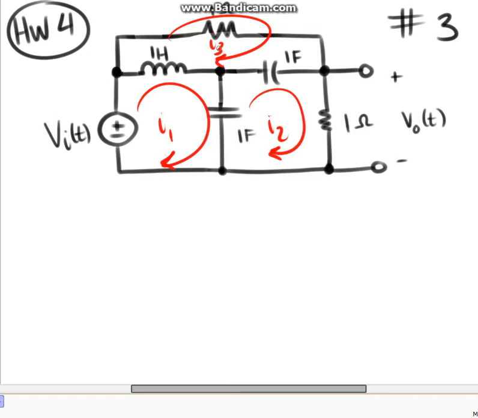Our state variables are the values that change with respect to time. Hence they're variables. We know the current across the inductor changes with respect to time, so I call it IL. Voltages across capacitors change with respect to time as well. We're going to call this one V2, because the capacitor here has the voltage drop across this common node.